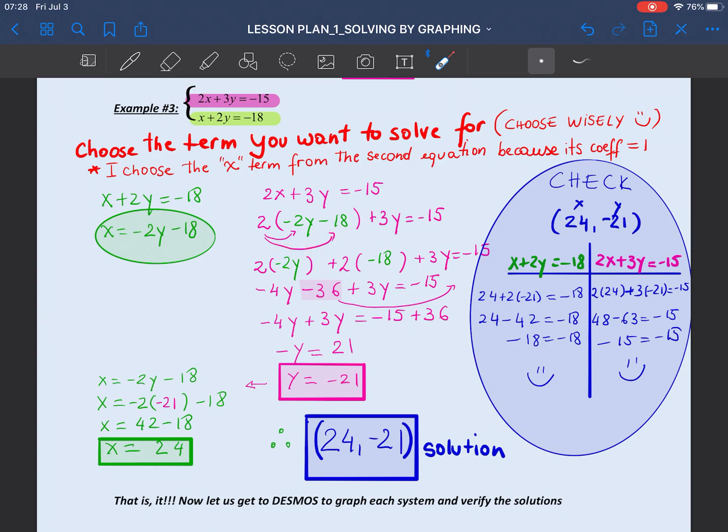You expand, and then you get 2 times negative 2y plus 2 times negative 18 plus 3y equals negative 15. As you see, we have a linear equation to solve. The unknown variable is y.